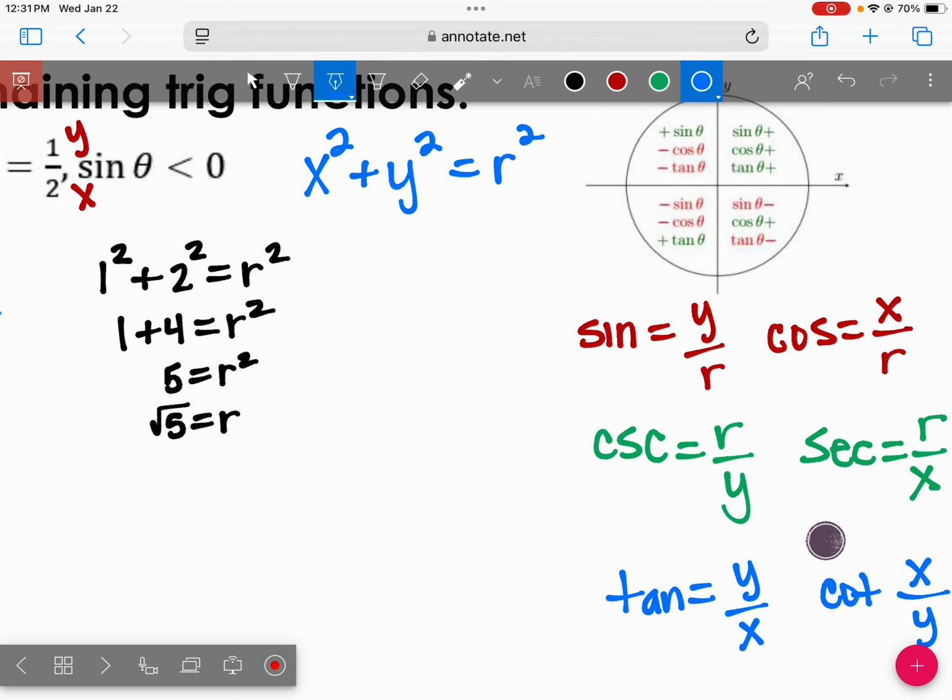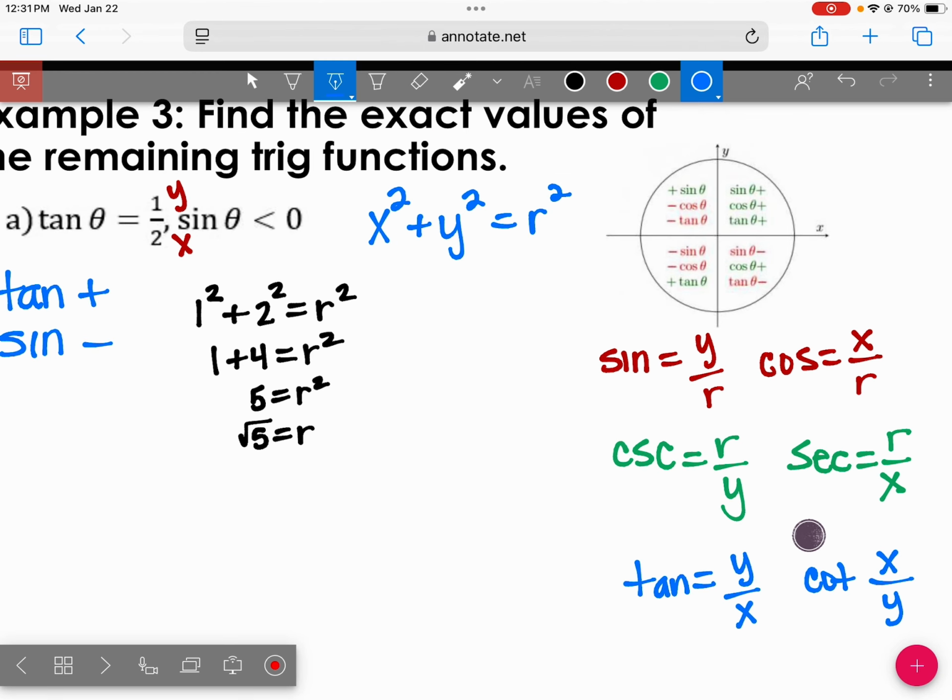So now that we have all three sides, we can actually find all six, the other 5. Because we figured out that on this particular triangle, x equals 2, y equals 1, and r equals the square root of 5.